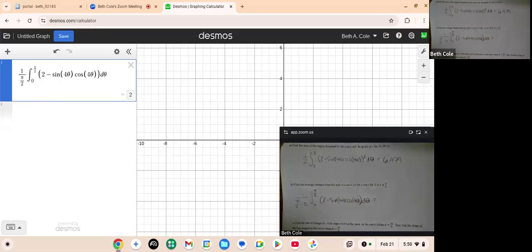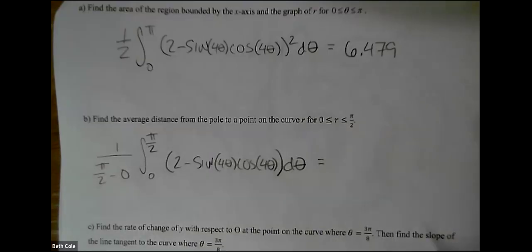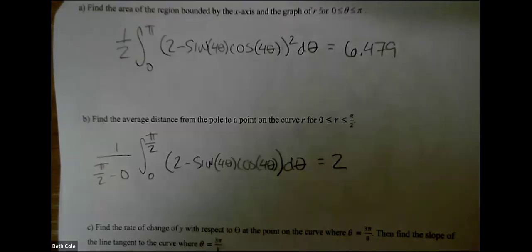This does not require, oh, it's just 2. Cool. This does not require a squared here because we're not finding an area. We are finding the average value of R, the distance from the pole, from 0 to pi over 2. So you do not need a squared there. And that just came out to 2, that kind of geeks me out.